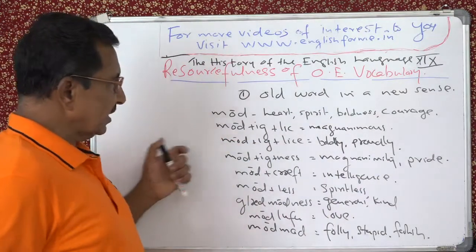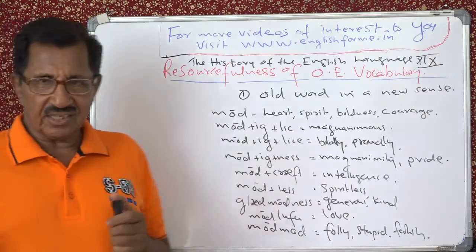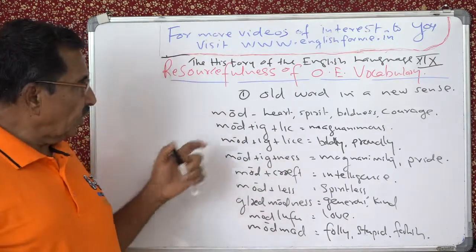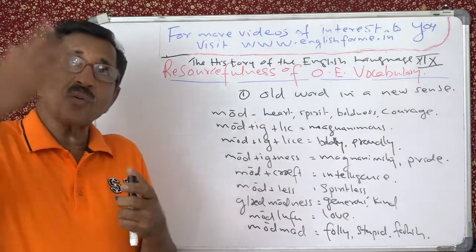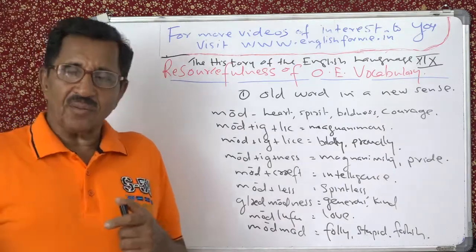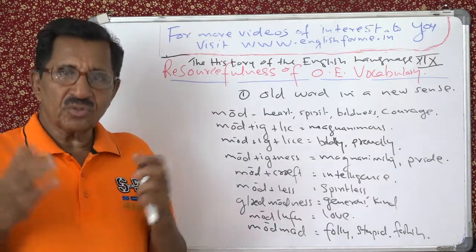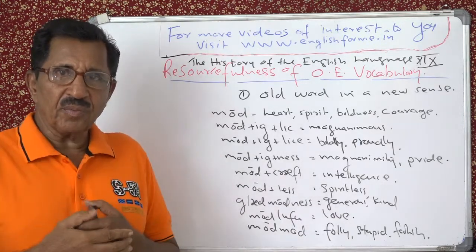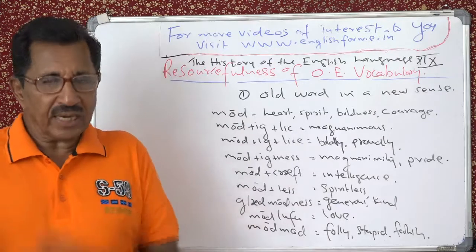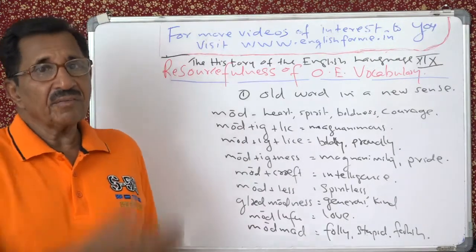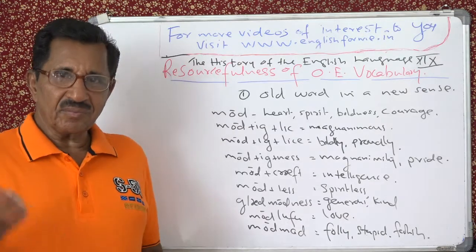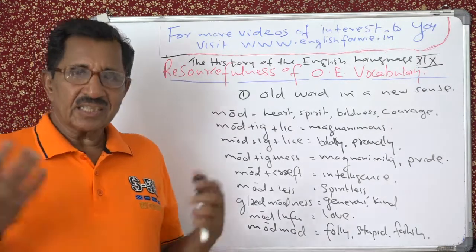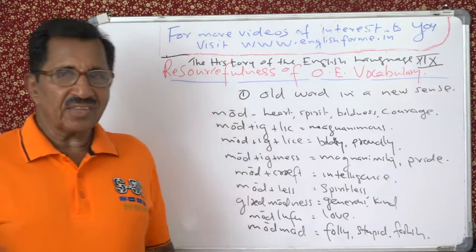I hope you understand. This is sufficient to illustrate how an old word like mod. Old word doesn't mean something very old, say in the BCs. No, the word that was used by the Germanic people before they came to England. In the way that we have already discussed and narrated, some came there by invitation, some came there for invasion, and they settled.